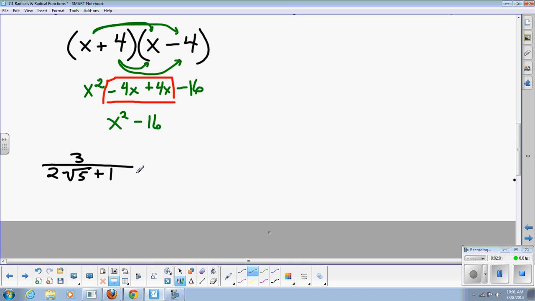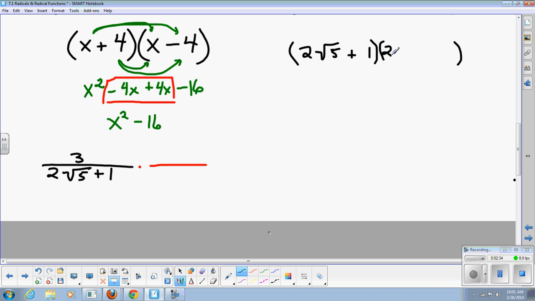We're going to use this idea up here. I'm going to multiply both the numerator and denominator by a new number over here. If I have in one set of parentheses 2 times the square root of 5 plus 1, what can I multiply this by to get an answer like this where the middle term cancels?